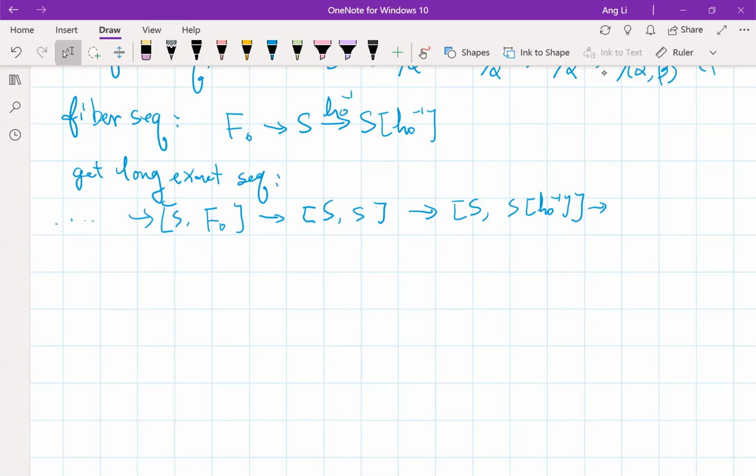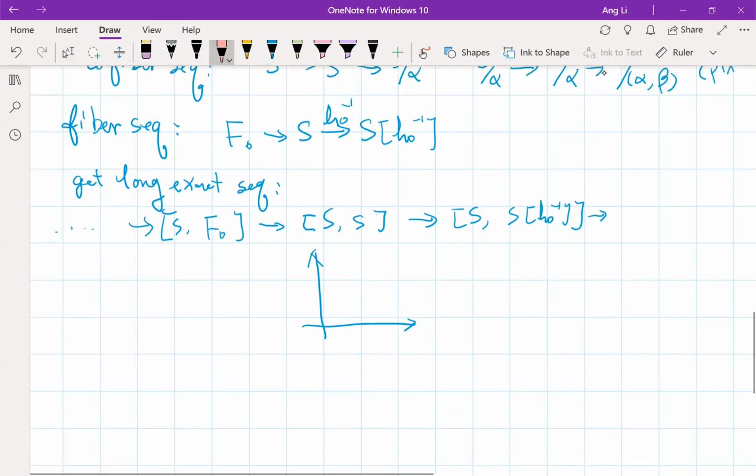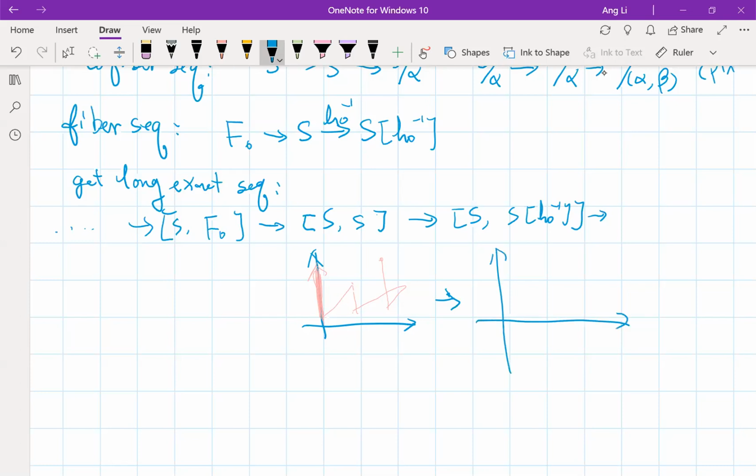If I'm drawing some picture here, the Ext will kind of be like this, where you have this H0 tower and you have some pattern like this, something like that. And then now you are inverting only the H0 tower. So now it becomes double-sided and the rest stays the same.